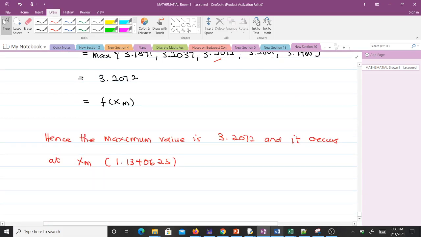So hence the maximum value is 3.2072, and it occurs at the point XM, and XM in this case was 1.1340625.